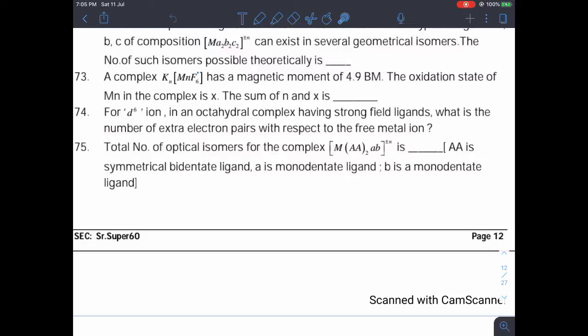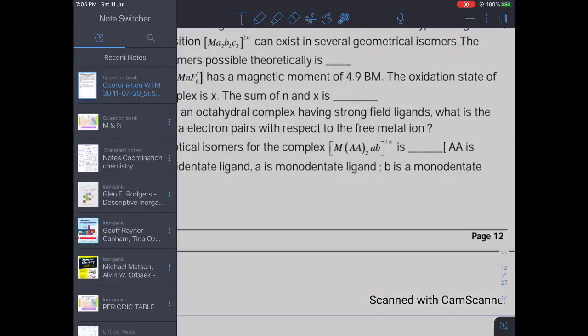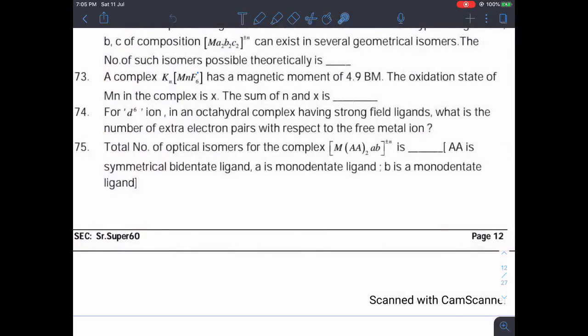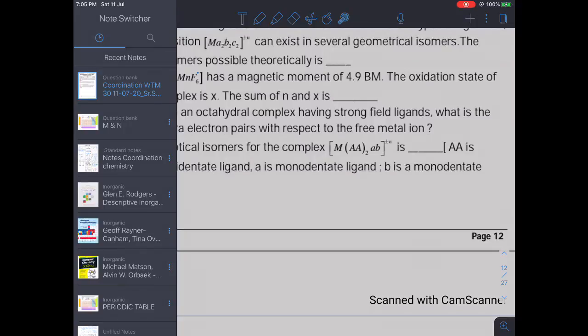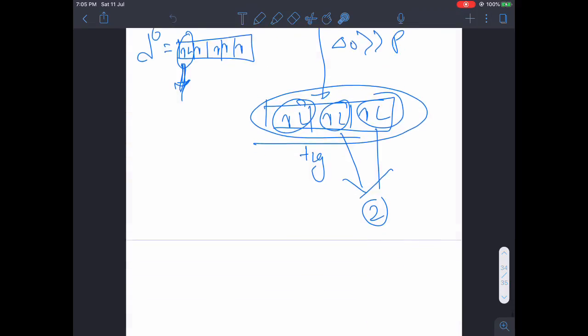So, how to calculate it? We have to figure out M(AA)2AB, asking about the number of optical isomers. So, let us talk about this.